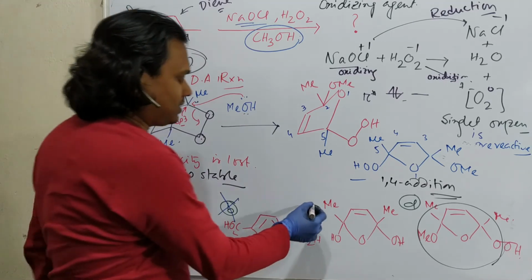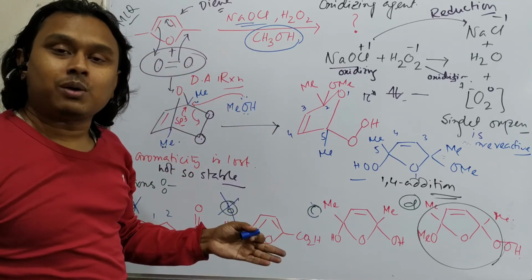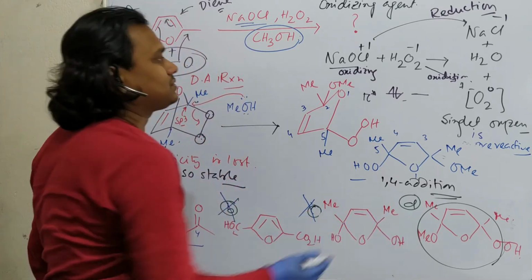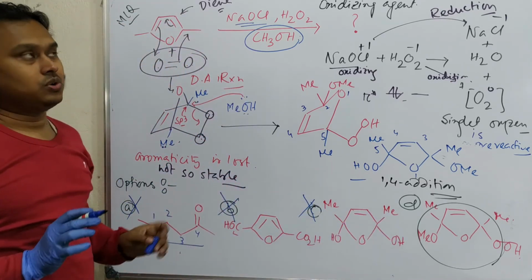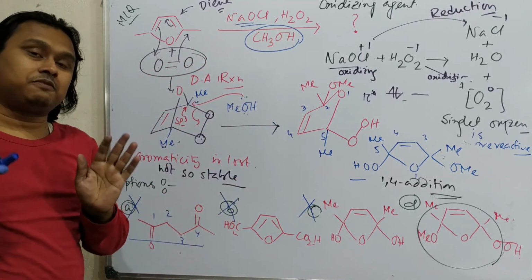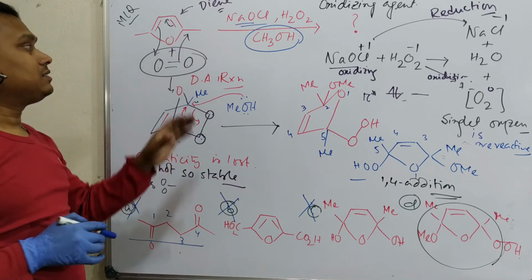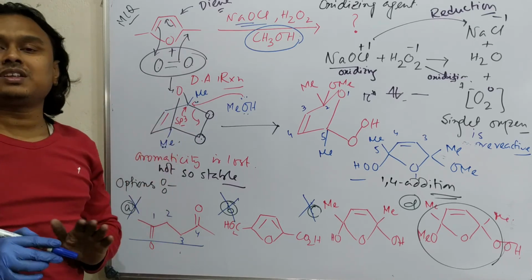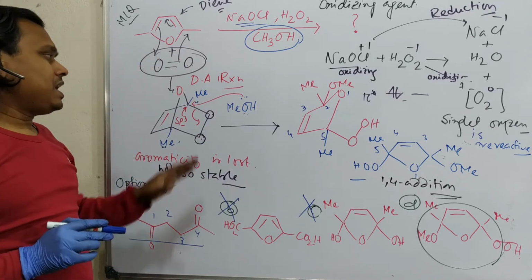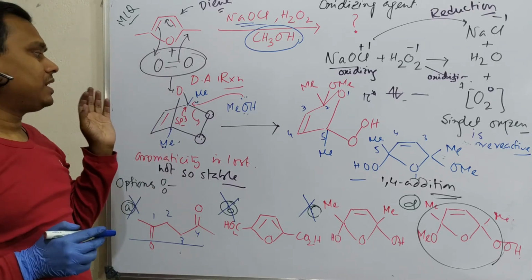Third is this one. If you consider dihydroxylation of the double bond, 1,4-dihydroxylation, that is not possible. First of all, you need to know what is produced. If it is singlet oxygen, which is very reactive, it undergoes a Diels-Alder reaction and produces this, and this Diels-Alder adduct is not stable, it produces something else. If you know this much, that it produces the Diels-Alder adduct, then you can get the answer.